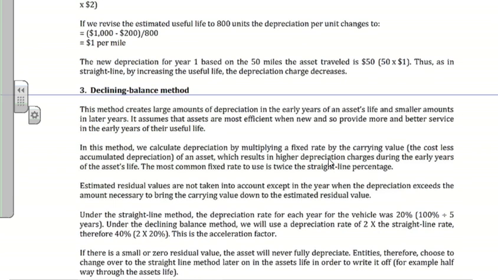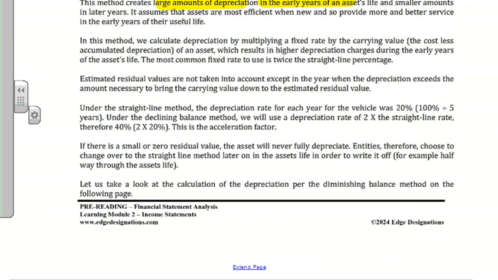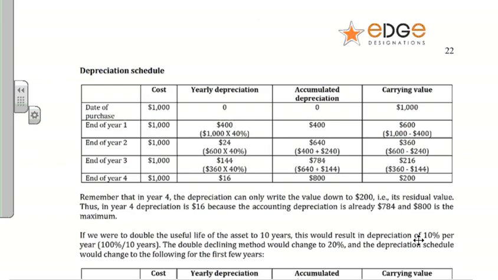Okay. And then we've got what we call the declining balance method. The declining balance method provides for massive amounts of depreciation in the early years of the asset's life, and as it gets a bit older, it gets less and less. There's a bit of a calculation for you, and you can see over here the depreciation in year 1, 400, year 2, small amounts, year 3, small amounts.